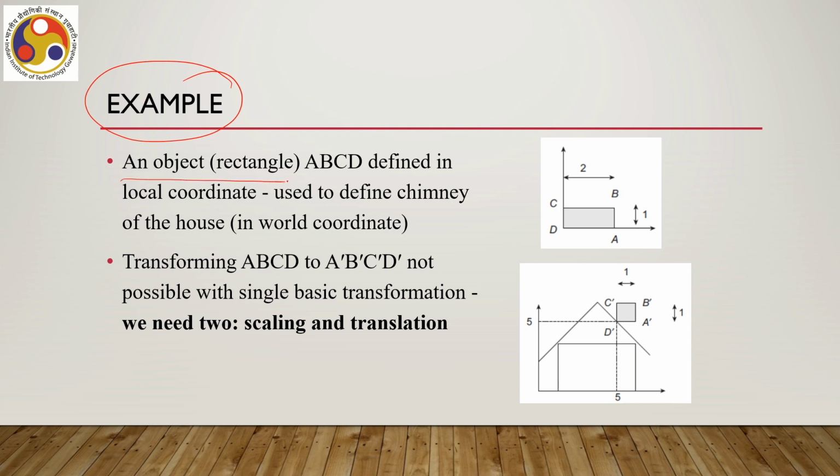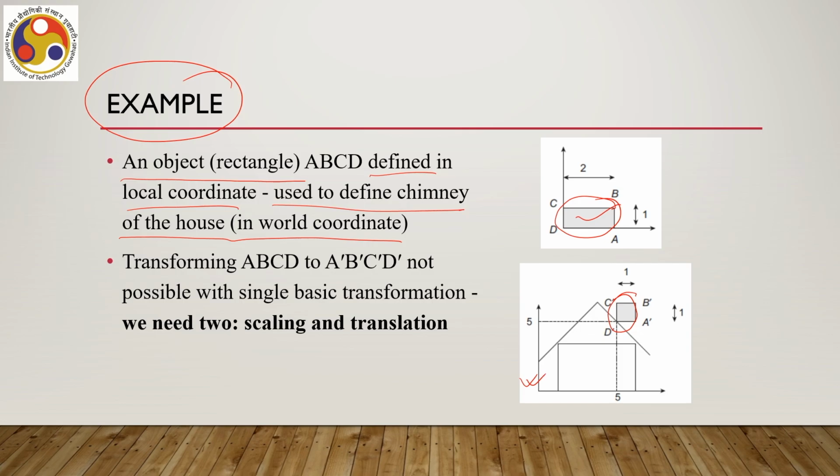An object which is a rectangle shown here, ABCD, is defined in the local coordinate system, which is used to define a chimney of the house in the world coordinate system. So, this rectangle is used to define a chimney like shape in this house shown in the world coordinate scene.